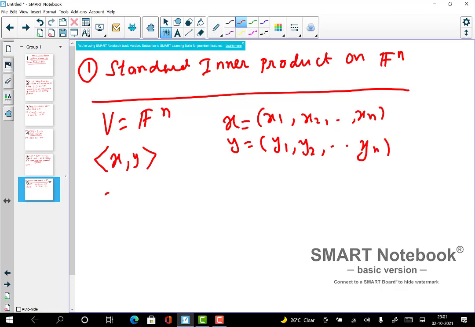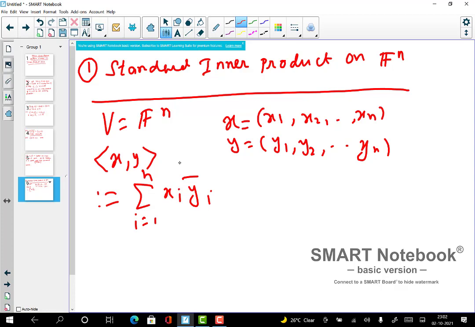And then by definition, I'm defining the inner product of x and y as the sum over i from 1 to n of xi yi bar.